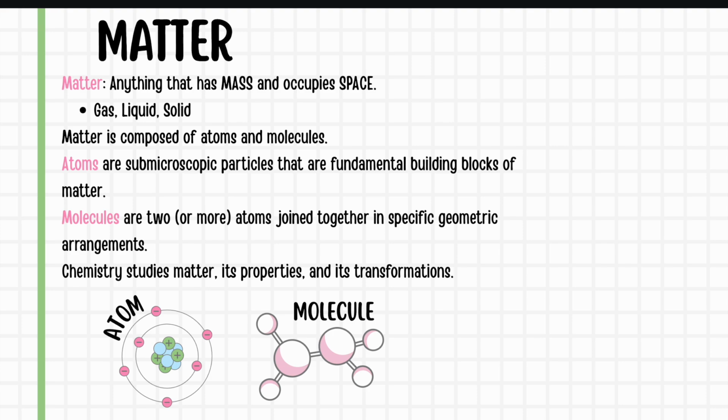So your atoms need to be arranged in a specific way so that you can get the product that you want. And then finally, chemistry is just the study of matter and its properties and transformations. In the pictures below, we can see an atom, a single particle, and a molecule, which is made up of multiple atoms.